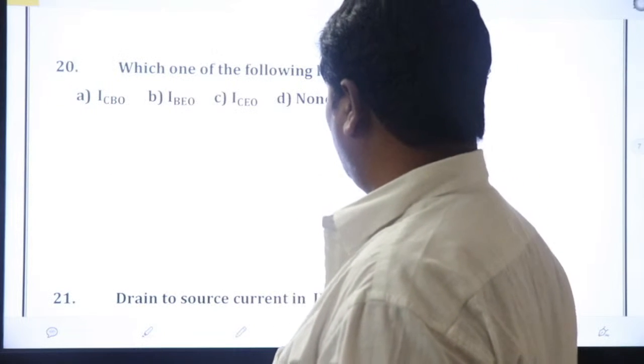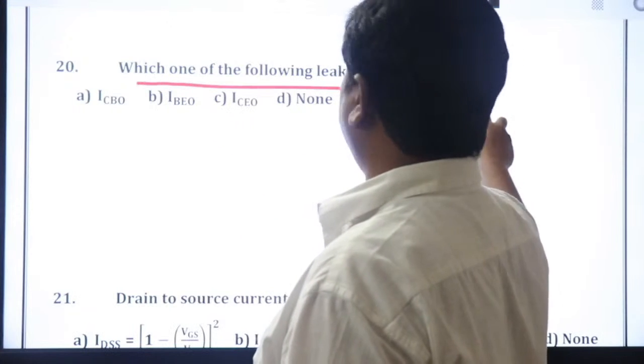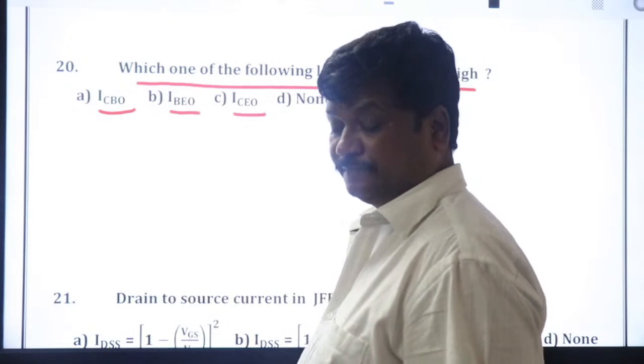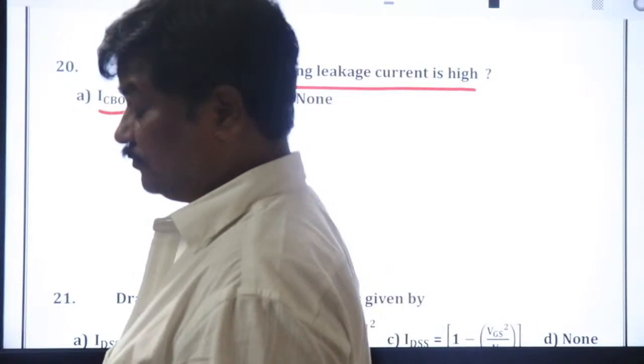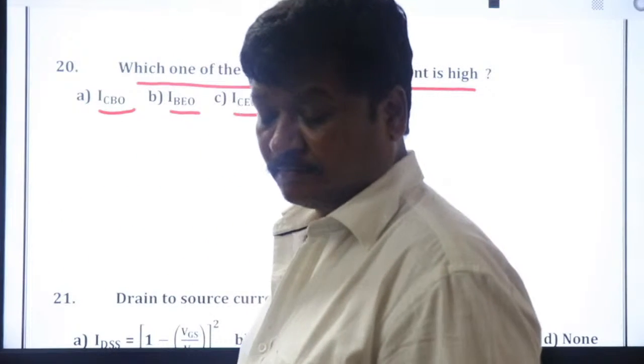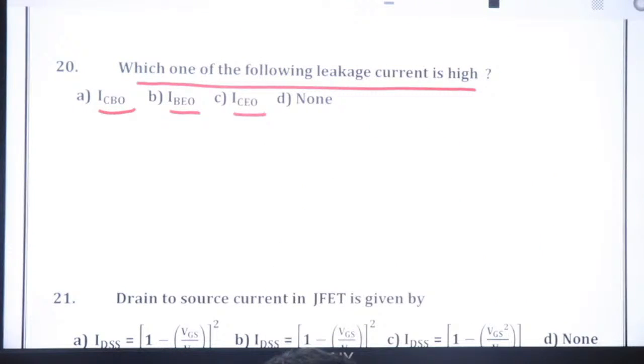Which of the following leakage currents is high? ICBO, IEBO, ICEO. Tell me the answer.